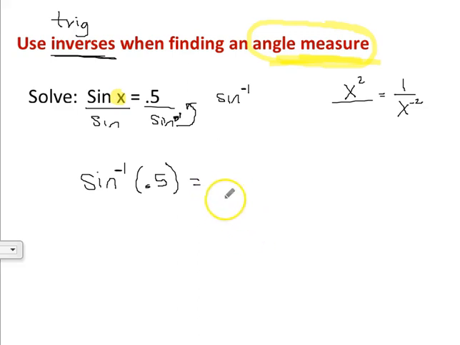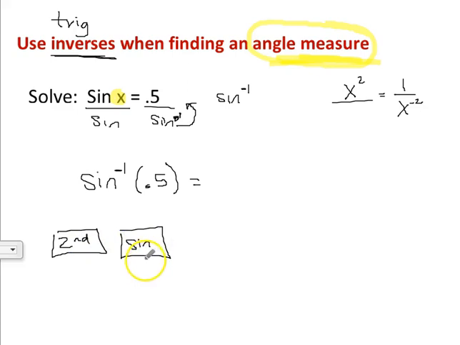To do that, make sure that you're not just typing in sine in your calculator. A lot of times, if you're using a scientific calculator, you're going to have a key that says second. So you're going to hit the second key, and then you're going to hit the normal sine key.